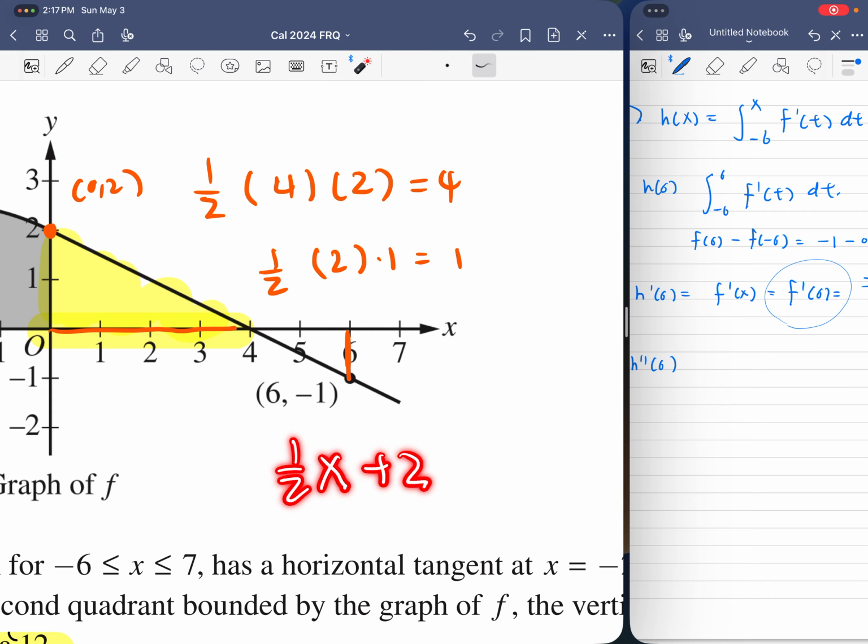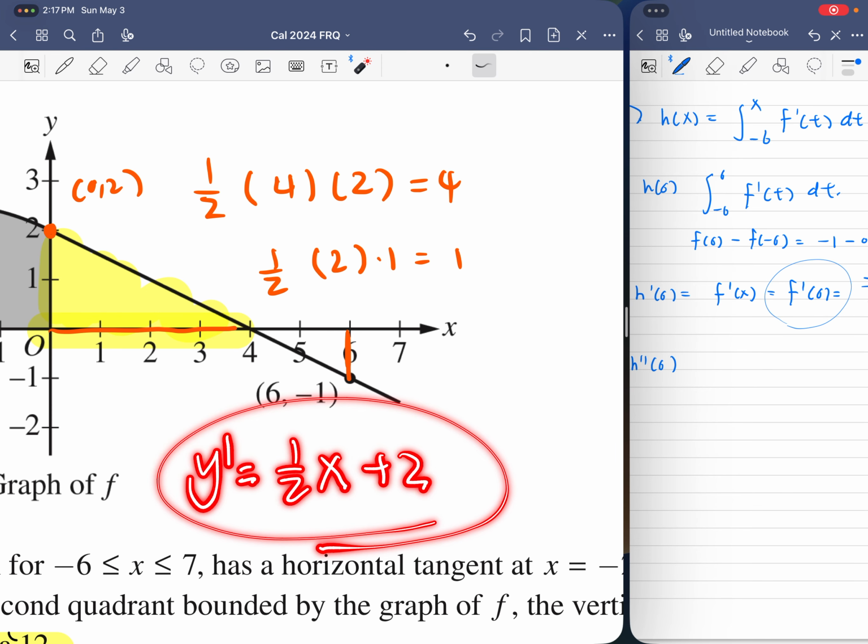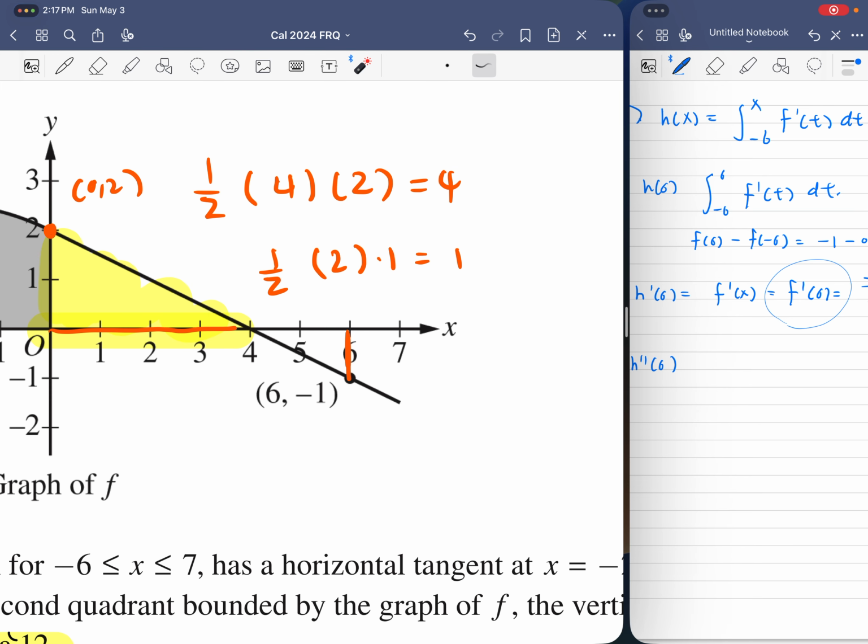When you take a derivative of this, no, I'm sorry. The slope of this one is negative 1/2, which we already got, right?